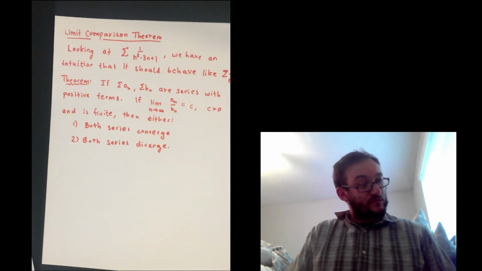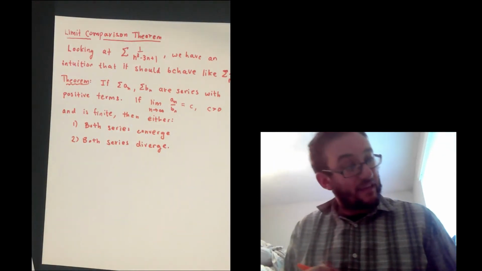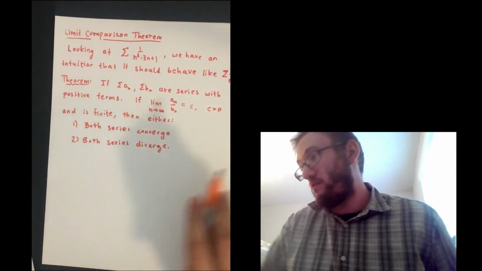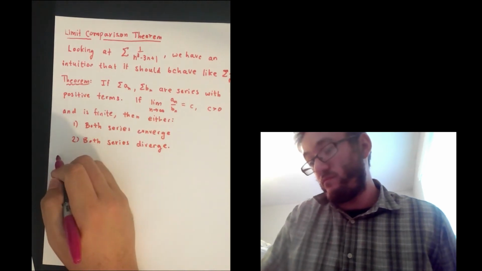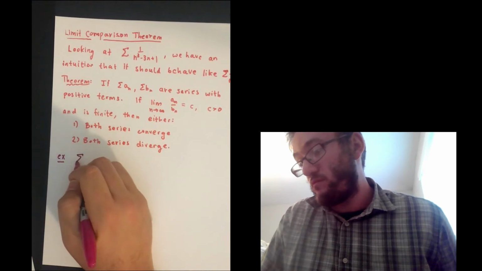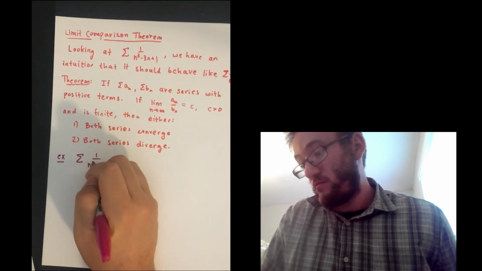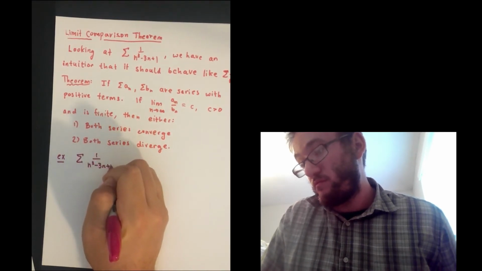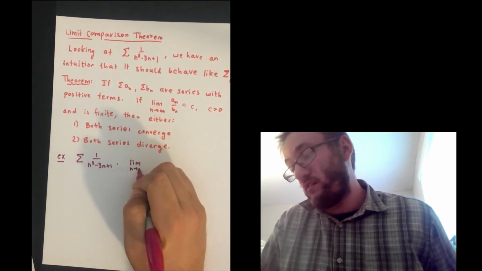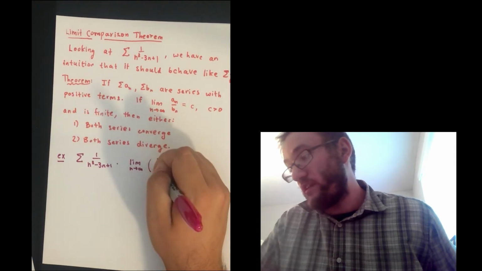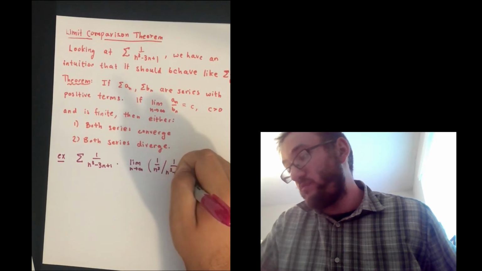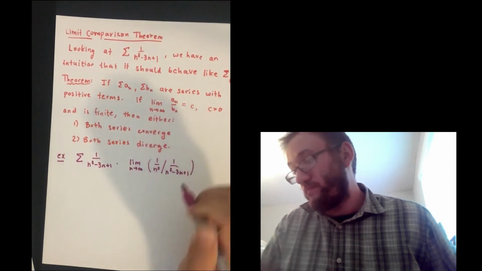So, looking back at that same example with 1 over n cubed minus 3n plus 1, take the limit as n goes to infinity of 1 over n cubed divided by 1 over n cubed minus 3n plus 1.